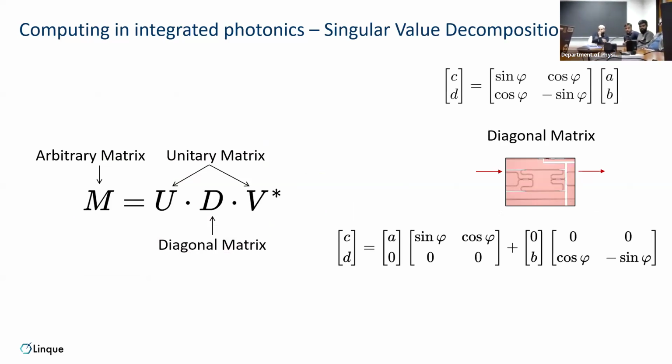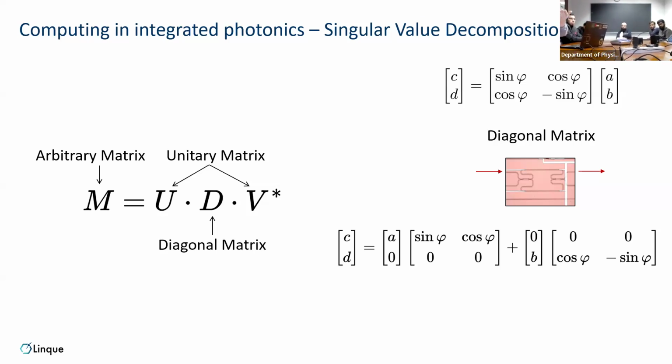Another formula, because if you have a unitary matrix, by itself it's not an arbitrary matrix, but you can construct any arbitrary matrix through the singular value decomposition into unitary matrices and a diagonal matrix. Unitary matrices we have covered already. And for the diagonal matrix, you can just have one input, one output, and then use the MZI as an attenuator, right?